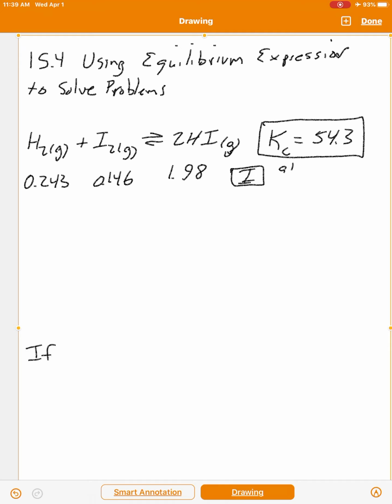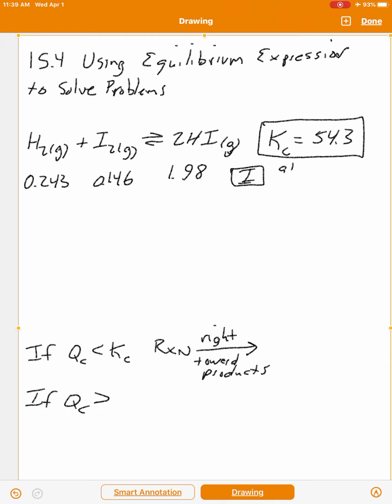If Q is less than K, the reaction goes in this direction, to the right, toward products. If Q is greater than K, the reaction goes the other direction, to the left, toward reactants.